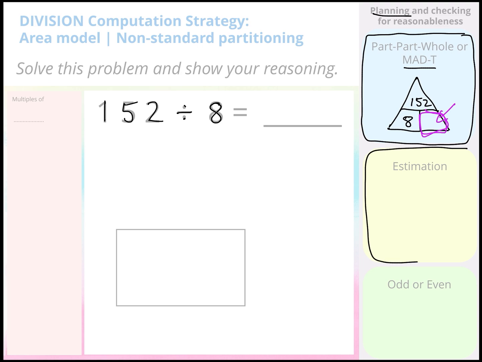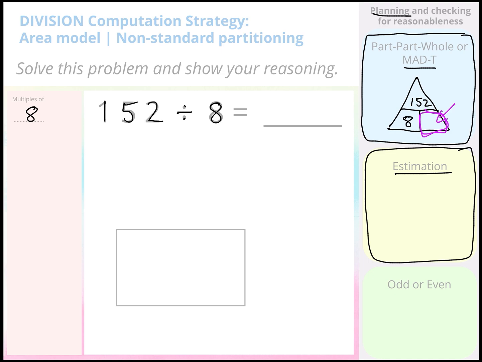Okay, here we go. Our estimation. In order to do our estimation, we need to know our 8 times tables. We need to know what the multiples of 8 are, so we can round 152 into a number that can be divided by 8 for our estimation.